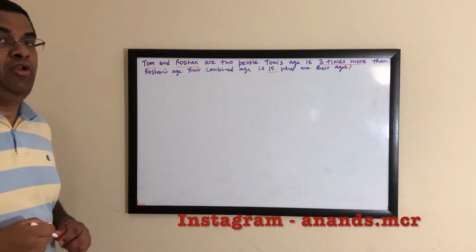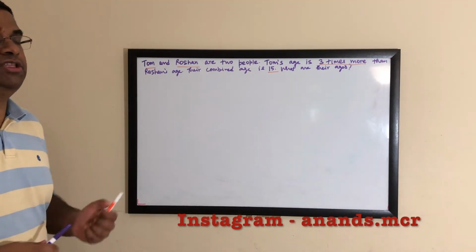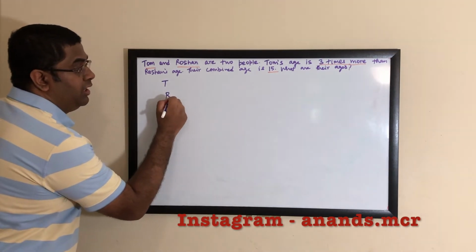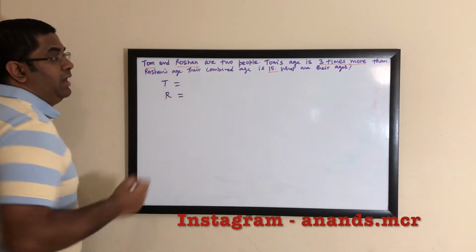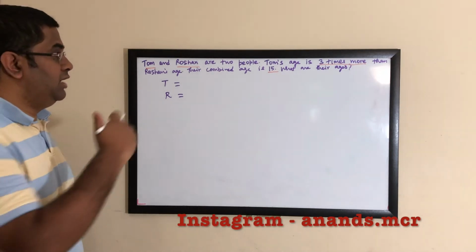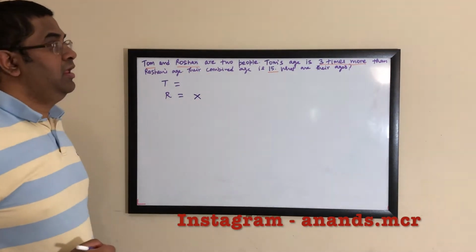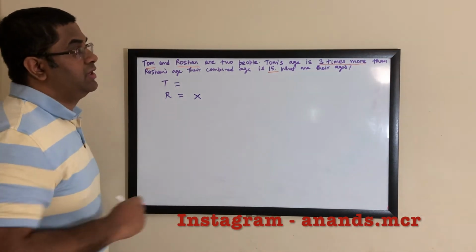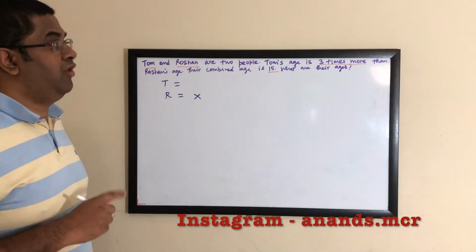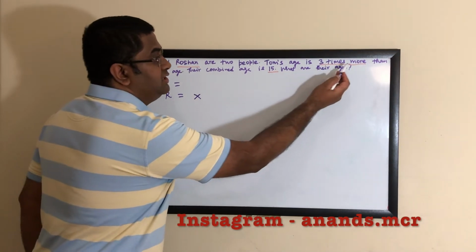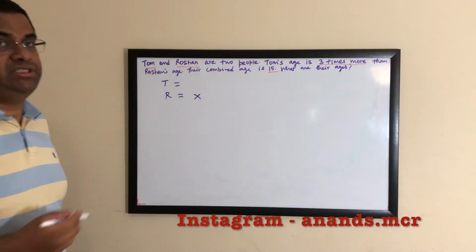Now let us look at solving this problem. So we know that Tom and Roshan are two people. And again, let us start by assuming Roshan's age to be x. One of the pieces of information that is available in this question is Tom's age is 3 times more than Roshan's age.